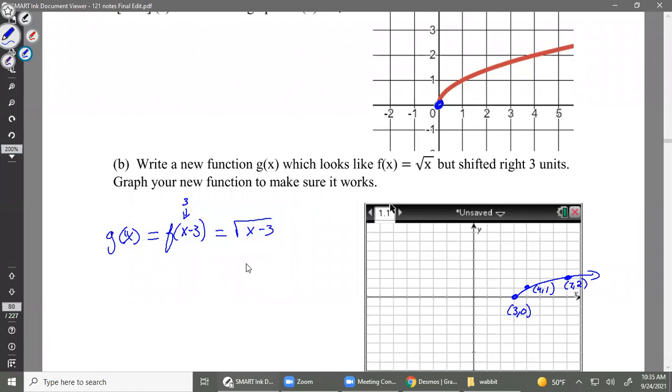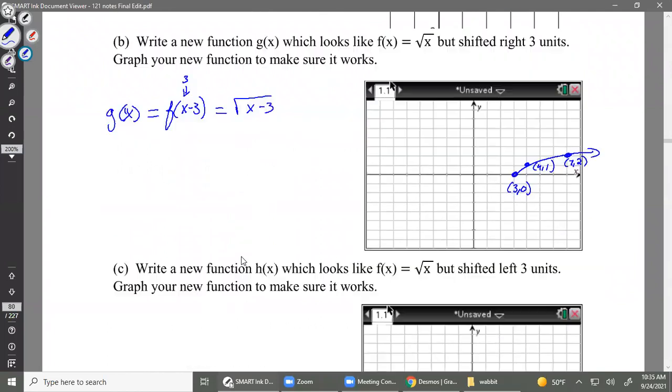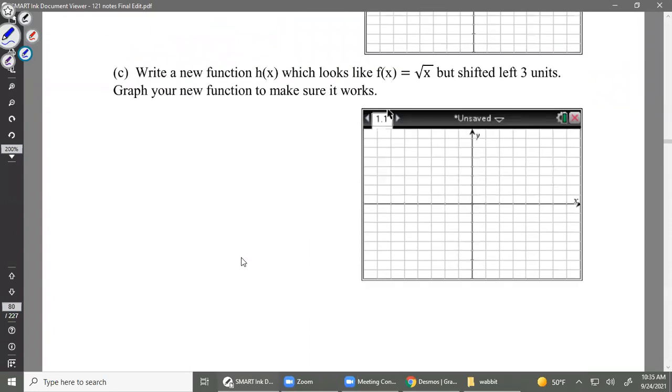By accident, we already figured out part c. We wanted to create a new function h of x, which looks like the square root of x, but shifted left 3. And so h of x, we already found, was our function f with 3 added to it, so the square root of x plus 3.